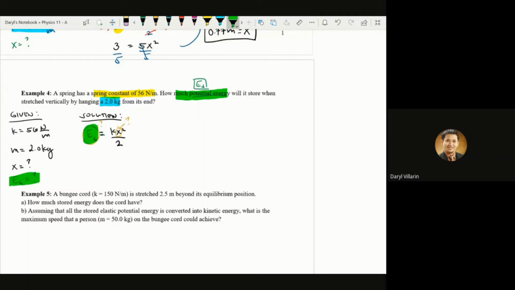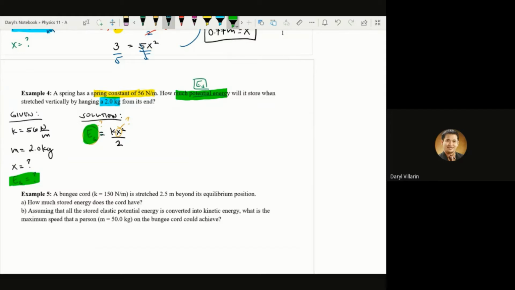But in order for us to solve for E sub S, the elastic potential energy, we need to know what would be the value of x. It's not given in the problem, right? So if you can see, there's no distance there.